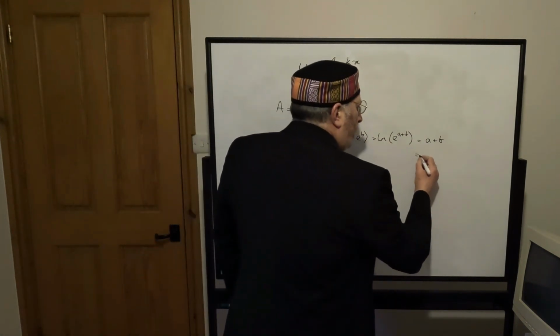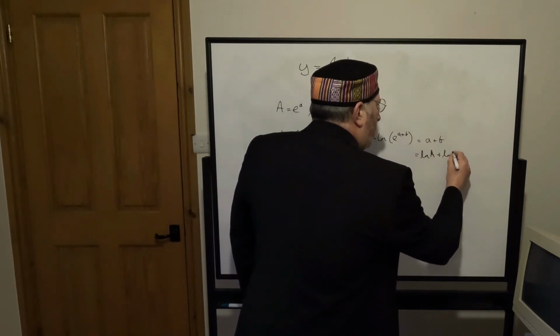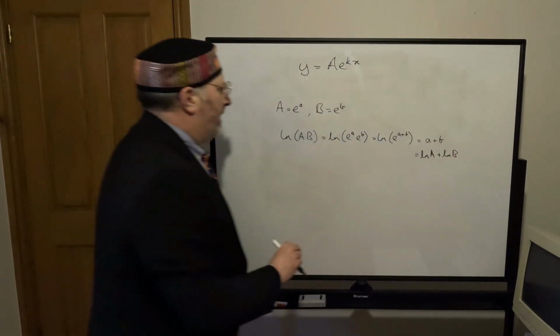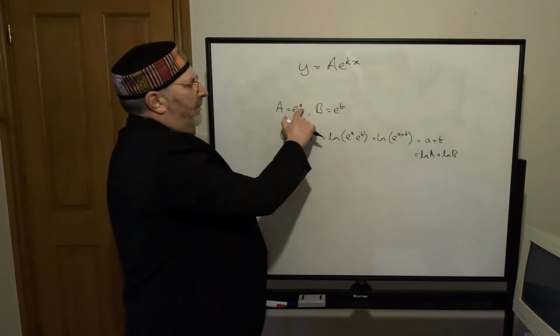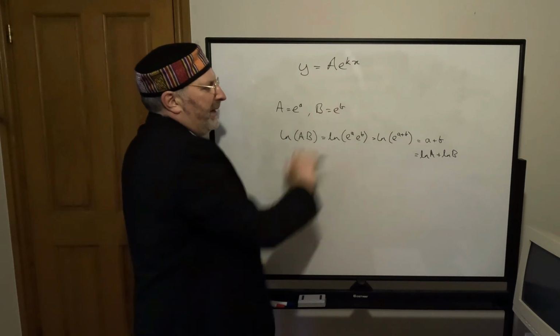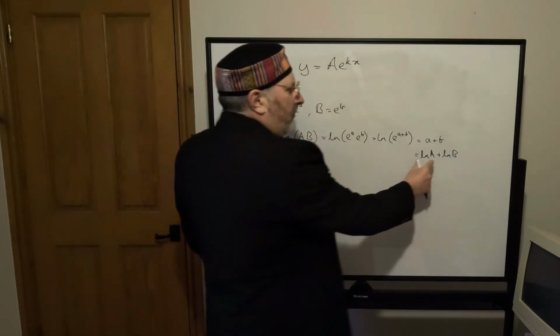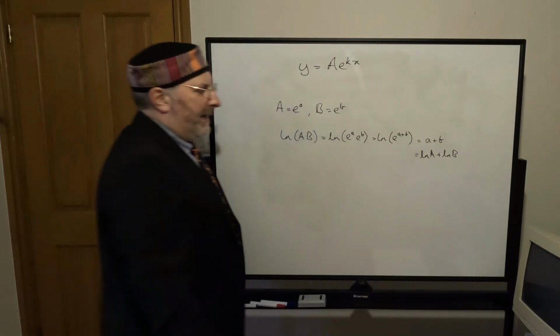which is equal to the log of a plus the log of b, because from here, by the definition of the logarithm, a is the log of a and b is the log of b. So the log of a times b is the log of a plus the log of b.